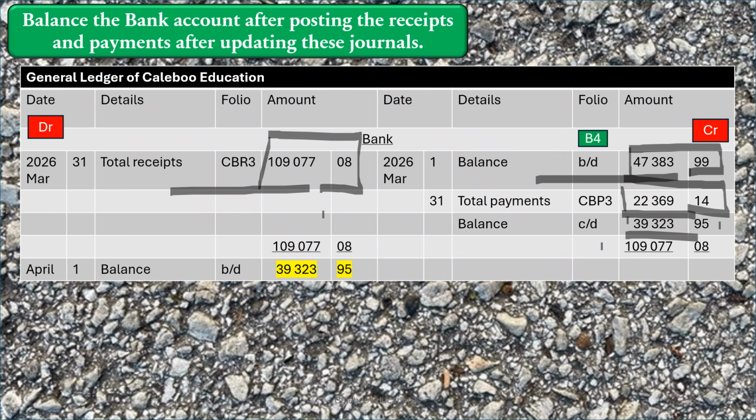So that means our receipts are greater than our payments. Total up both sides, and on the first day of the next month, 1st of April, we have a balance brought down on the debit side, and we've moved into a positive bank balance because we received a lot of money in the month of March.